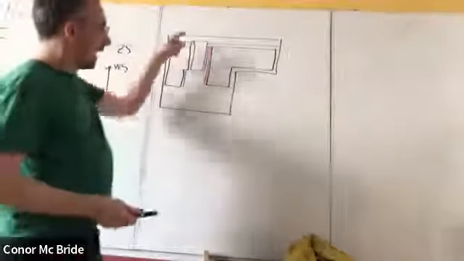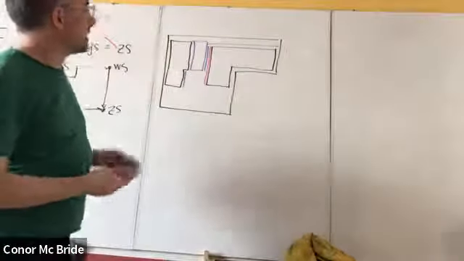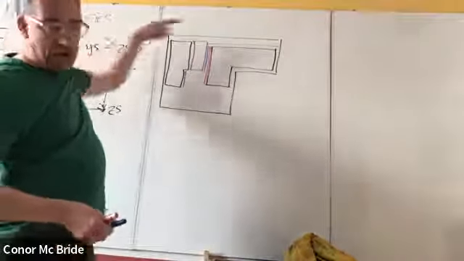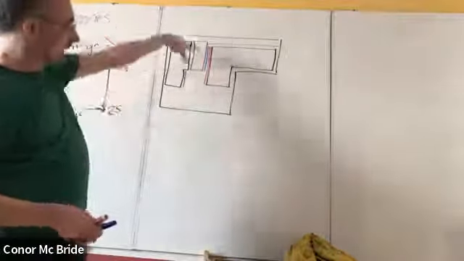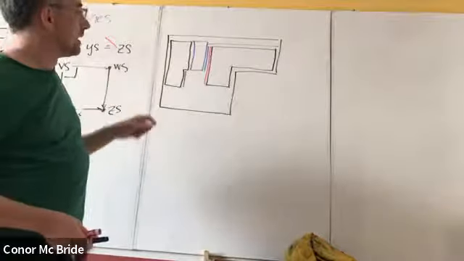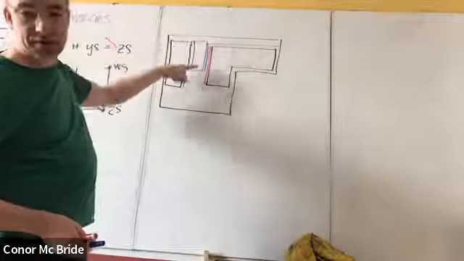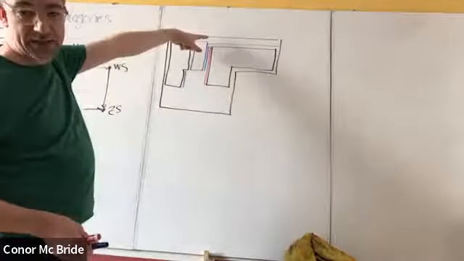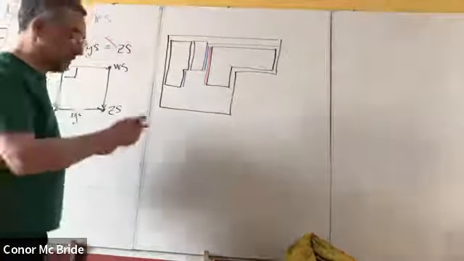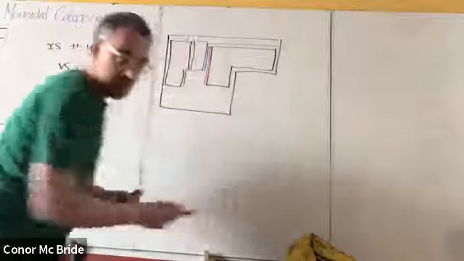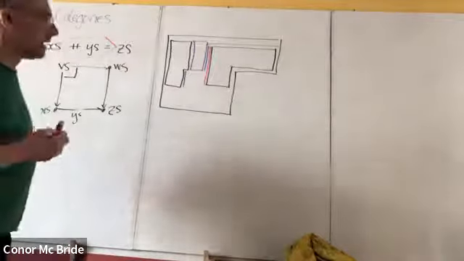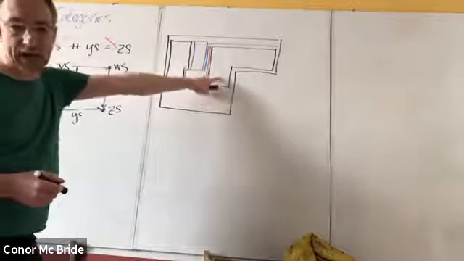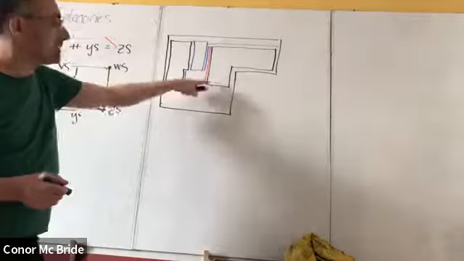I know I've got some wires going rightwards from the blue faces, and I know I've got some wires going leftwards from the red face that I've marked. But note that there's no reason for this stairway to have a shadow that is this short, right?